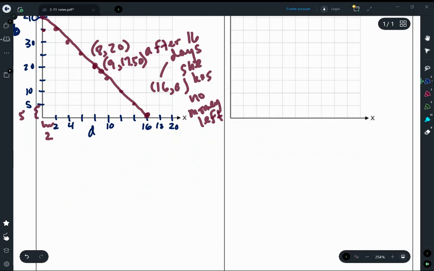So if I'm going to analyze this graph, I think important points are that she starts with $40.